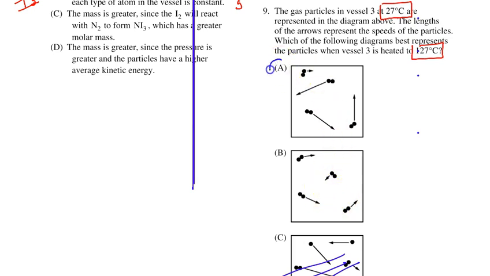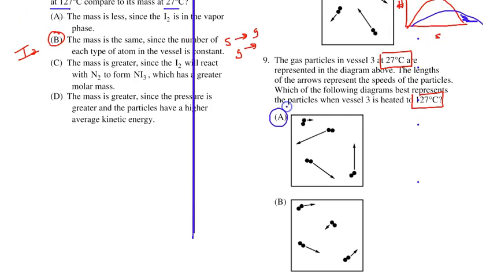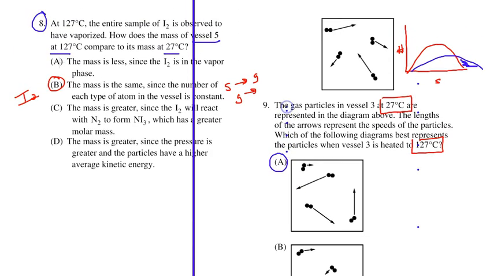A is the best representation. It looks like these arrows in A are a bit longer on average than the arrows initially. I mean, say, Mr. Gronsky, what about this particle? It's going really, really slow, but these arrows are big enough to overcome that. Remember, it's a range of speeds, not all going the same speed.